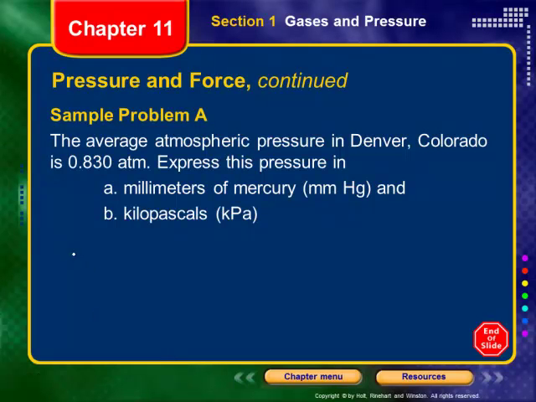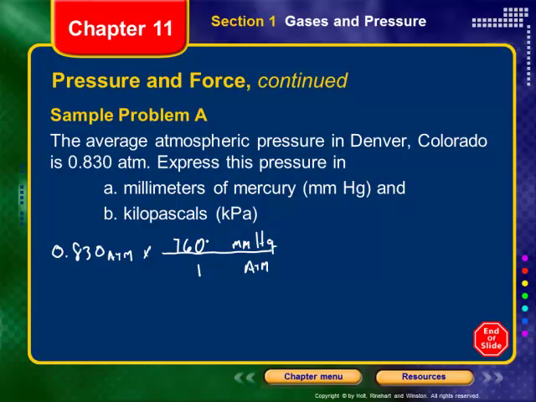Okay, first of all, we'll start with the number they give us, 0.830 atmospheres. We need to multiply this by a fraction that has atmospheres on the bottom and millimeters of mercury on the top. Our conversion here is 1 atmosphere is equal to exactly 760 millimeters of mercury.